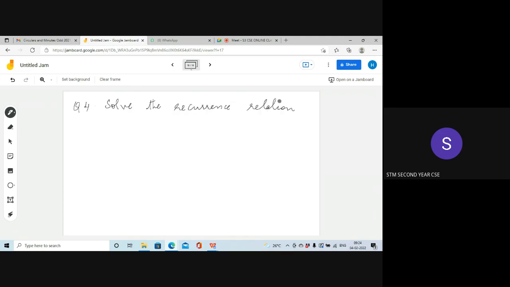Solve the recurrence relation Fn = 2Fn-1 - 2Fn-2. Solve this recurrence relation. Is this enough for our question? Is the question complete? No. Why?